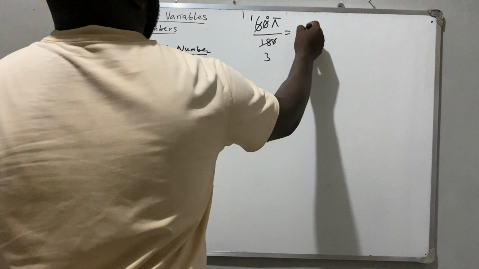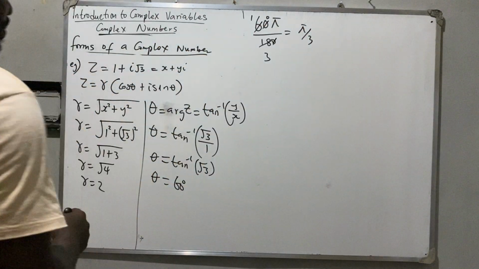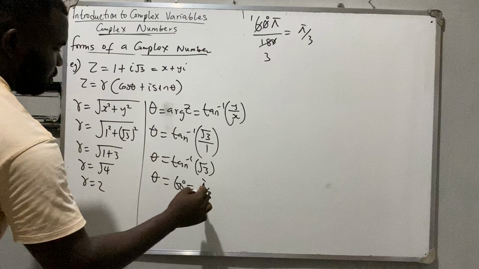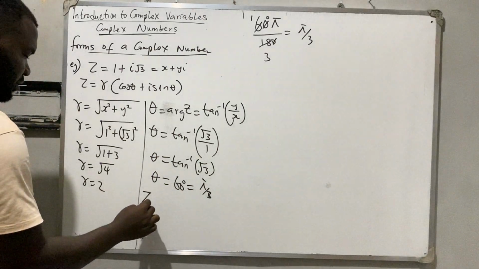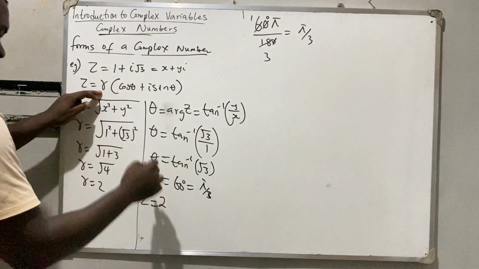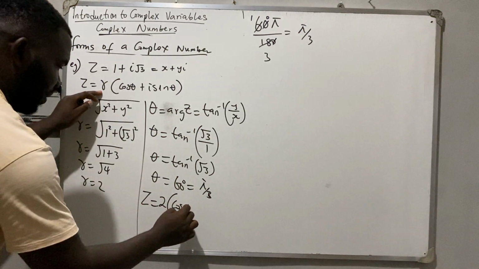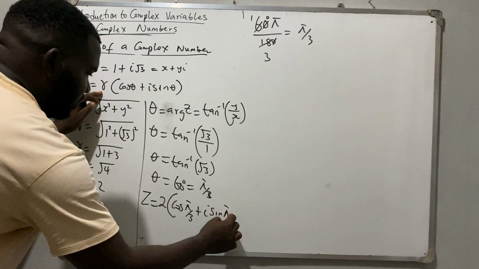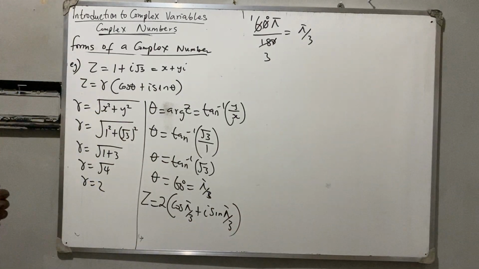So this is basically pi over 3. So 60 degrees is pi over 3. So my answer, the polar form, is now z is equal to r, which is 2, in bracket of cos pi over 3 plus i sin pi over 3. Okay? So that is basically that.